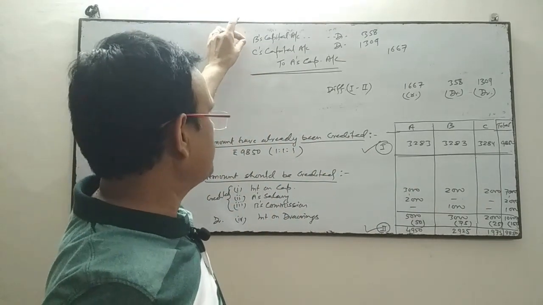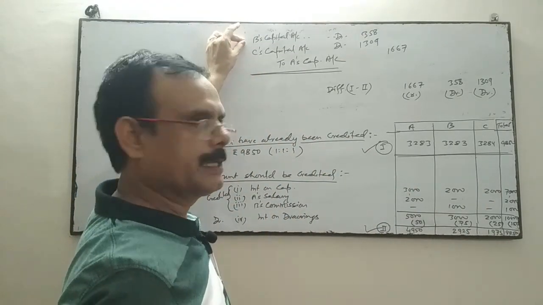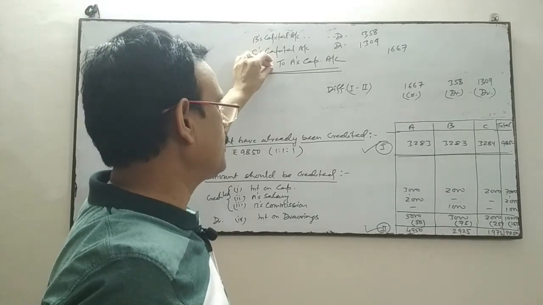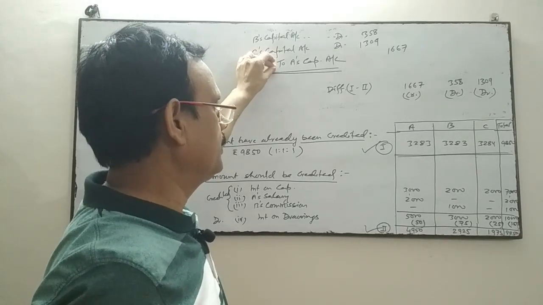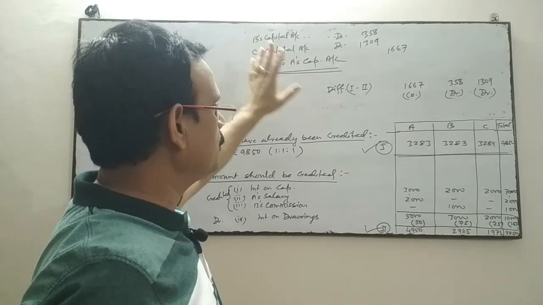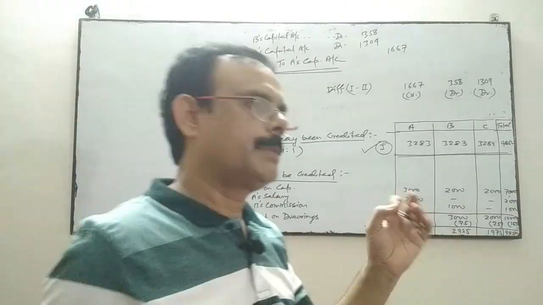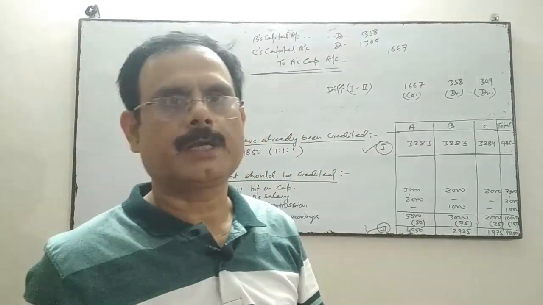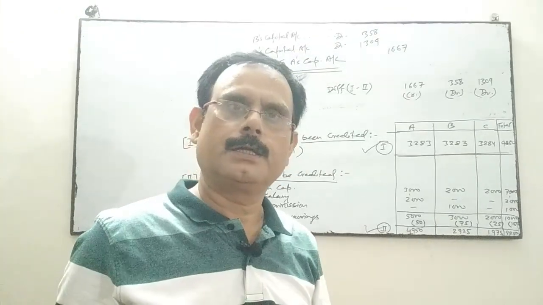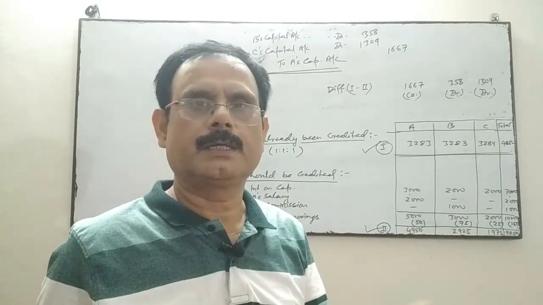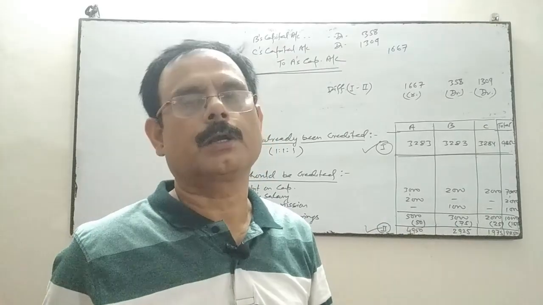So B's capital account will be debited because B and C have got more amount, and A has got less amount earlier, so his capital account will be credited. The narration will be simple: being interest on capital, partner's salary, partner's commission, and interest on drawing omitted before the distribution of profit, now it is rectified or now it is adjusted.